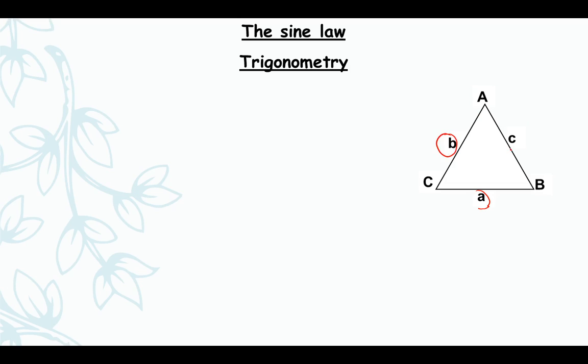The side AB, which is opposite to angle C, is called c small. Then the three sides of the triangle are a small, b small, and c small. a small is the opposite side to angle A, b small is the opposite side to angle B, c small is the opposite side to angle C.